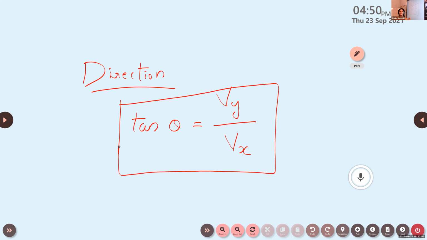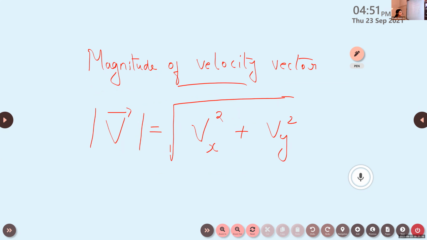So that's all about the velocity vector. The velocity vector is used to determine the velocity of an object moving in a plane. Under this topic, we discussed instantaneous velocity and average velocity. The magnitude of the velocity vector is given by modulus of v is equal to root of Vx square plus Vy square.